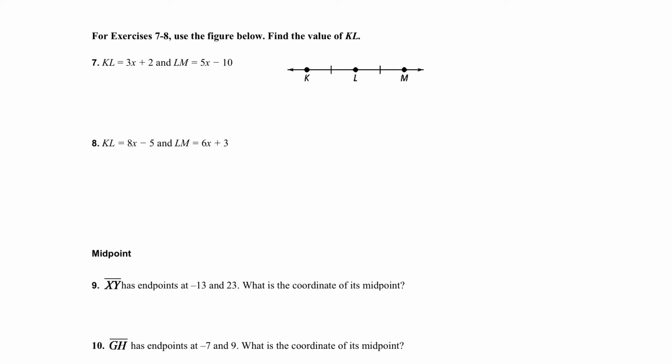From K to L is the same distance from L to M. So K to L is 8x minus 5. And then from L to M is 6x plus 3. I know they're the same distance, so I'm going to set them equal. 8x minus 5 equals 6x plus 3.